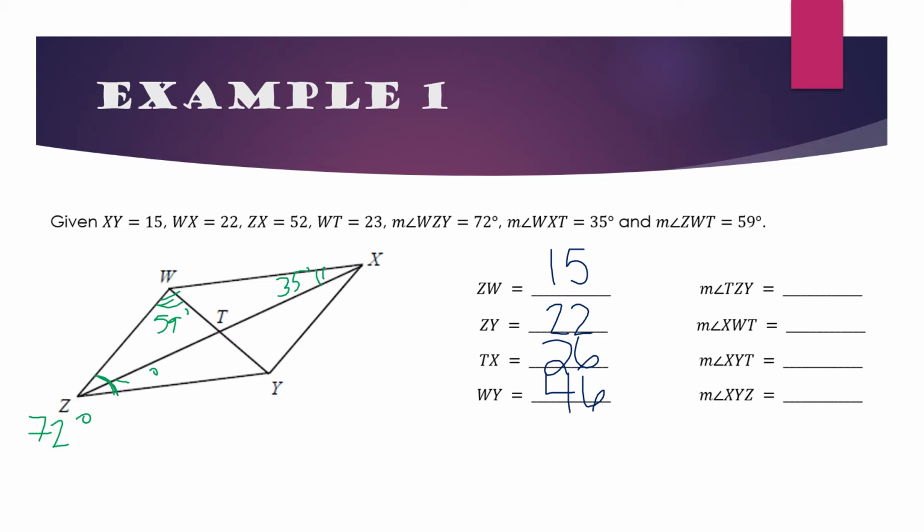So if we do 72 minus 35 degrees, we will get the measure of angle YXT. So this angle right here is going to be 72 minus 35, which would give us 37 degrees.